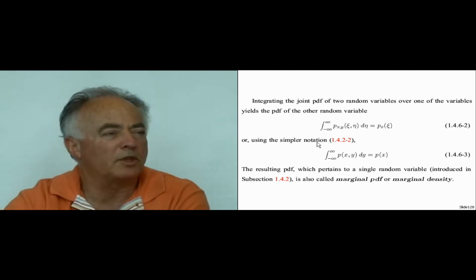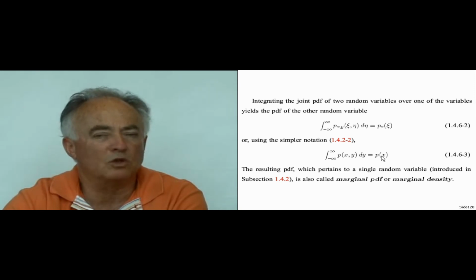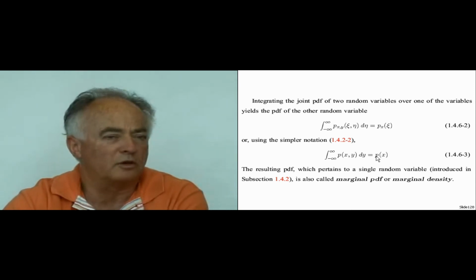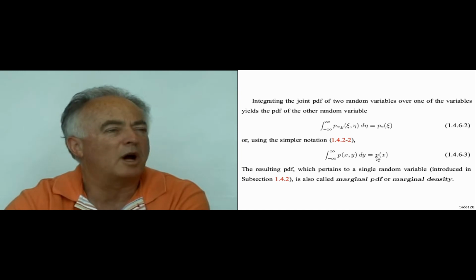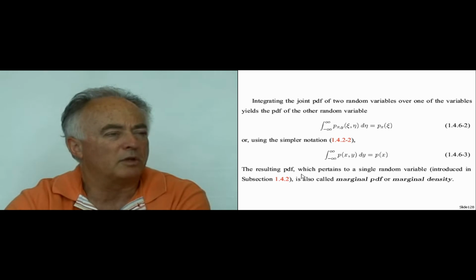Or the same thing could be rewritten using the simple density: integral of p_xy dy is p_x, but now these two p's are definitely not the same. These are different functions defined by their arguments. This resulting PDF that pertains now to only x is also called a marginal PDF or a marginal density.